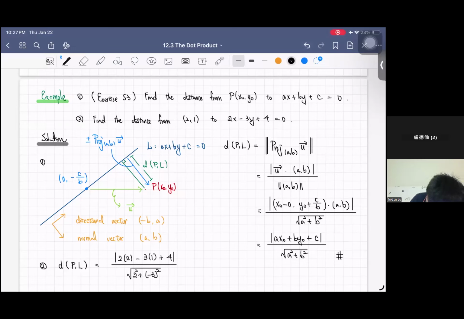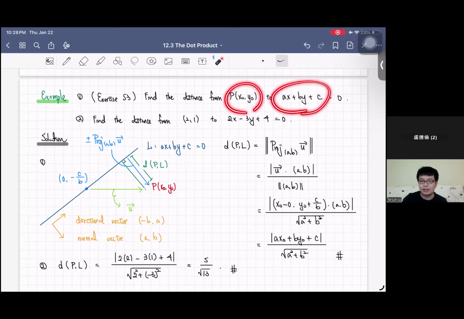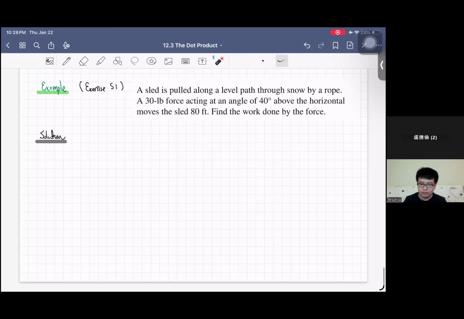The numerator is 4 minus 3, that's 1, plus 4, so it's 5, divided by the square root of 13. So that's a really nice formula about projections. If you want to find the distance between a point and a line, we can do that. And you can do the exact same thing for a point and a plane, which we will come back to in section 12.5. So that's a good example.